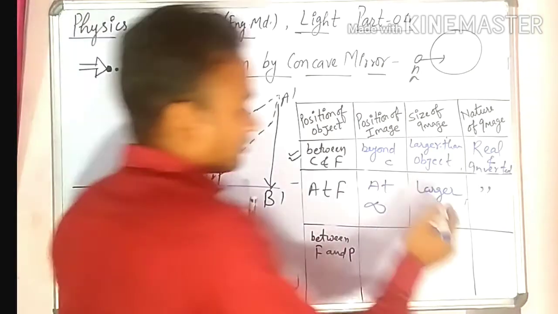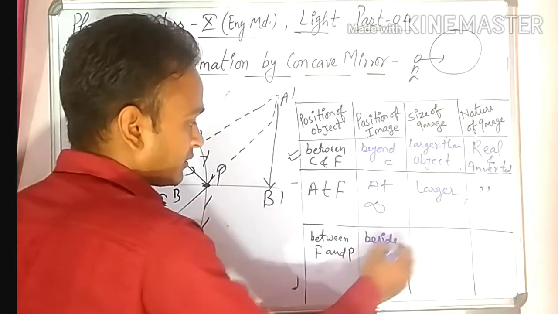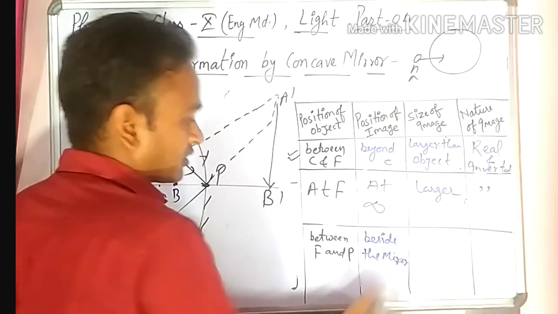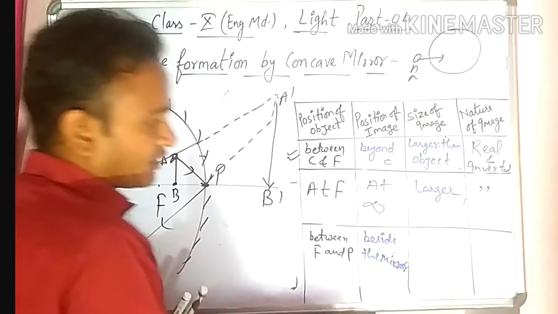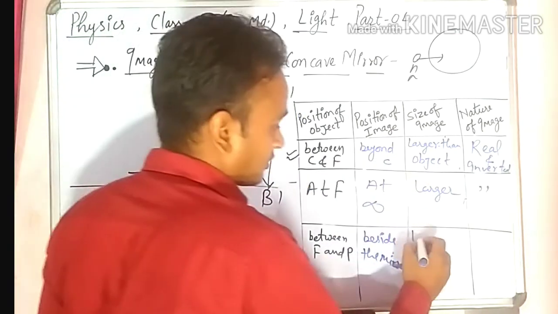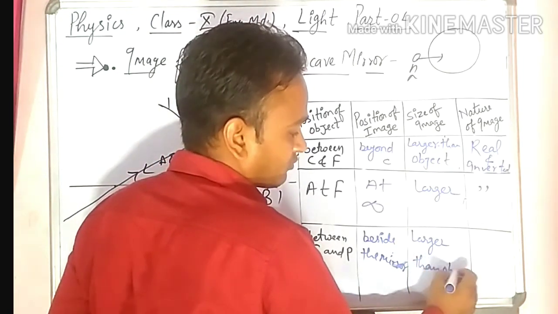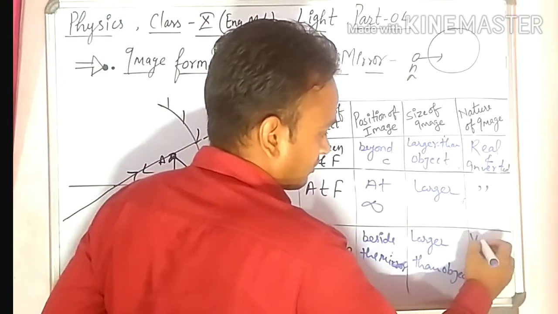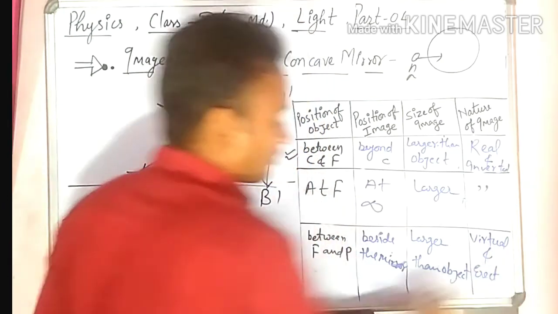Position of image: behind the mirror. Next, size of image, smaller or larger? Larger than the object. Is it real or virtual? It is virtual and erect.